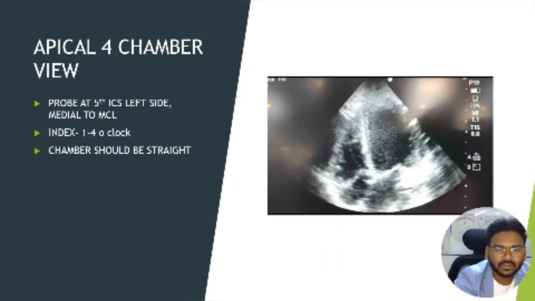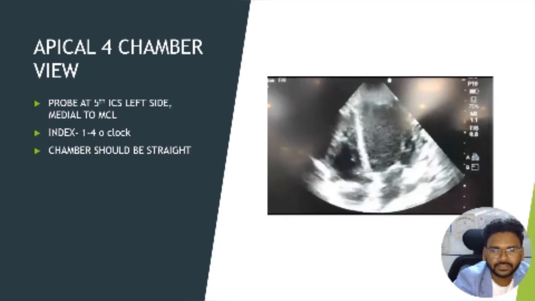Now let us jump into the apical 4-chamber view. In the apical 4-chamber view, we have to keep the probe at the 5th intercostal space on the left side, just medial to the mid-clavicular line, and the index should be at the 1 to 4 o'clock position, and the chambers should be straight. So this is the apical 4-chamber view.